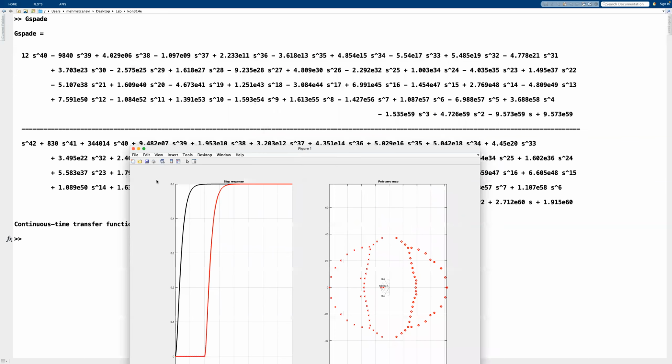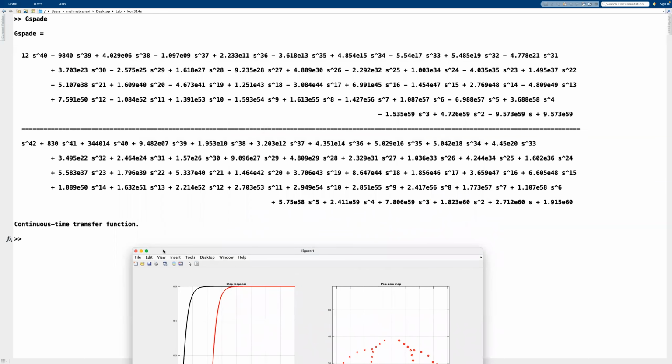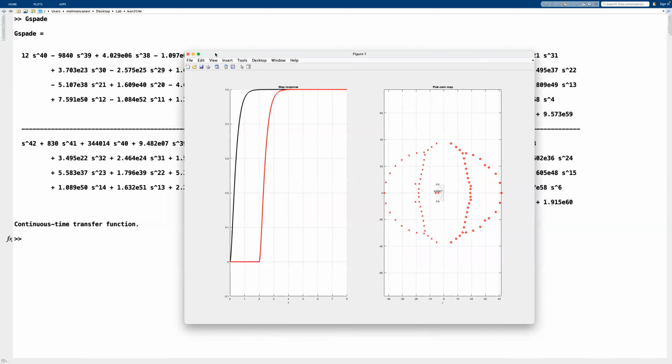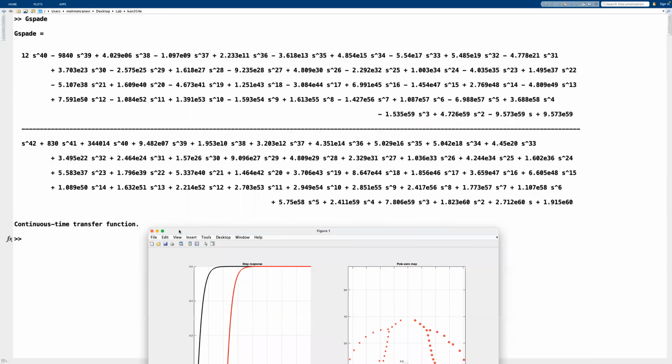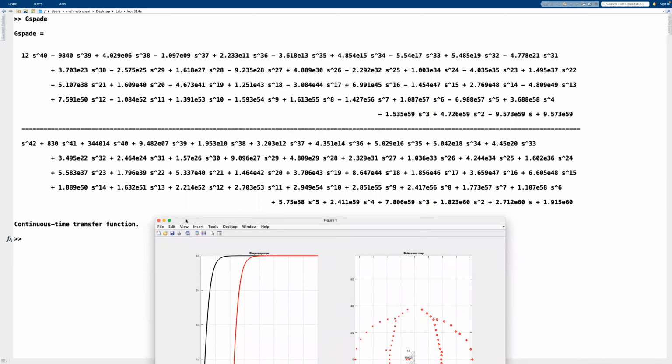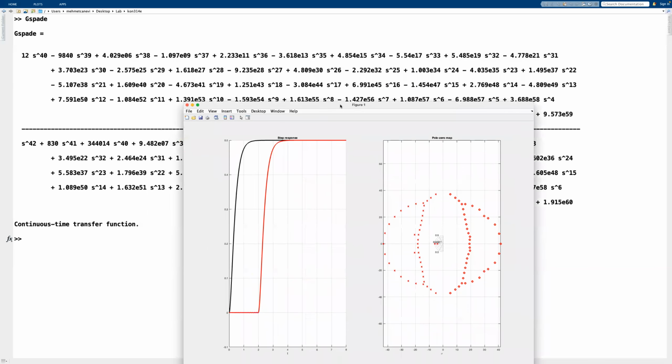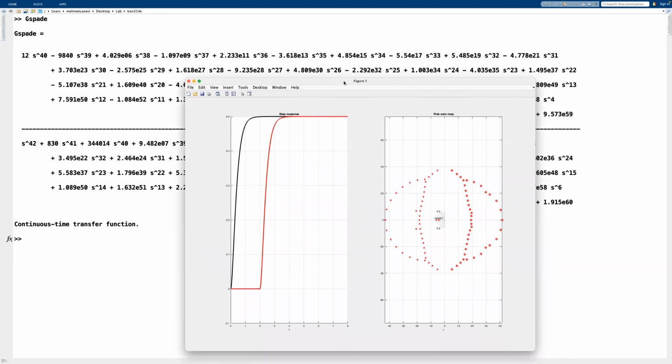It's not even fitting here. And you can see this is a very bad transfer function to deal with because, well, if you're looking for a stability interval, you could cope with this. That's not that big of a deal. But if you're trying to design a PID controller, you should not be using this approximation because that's quite painful.